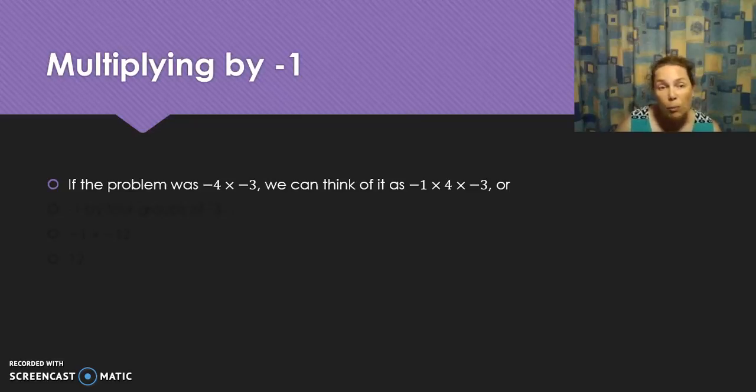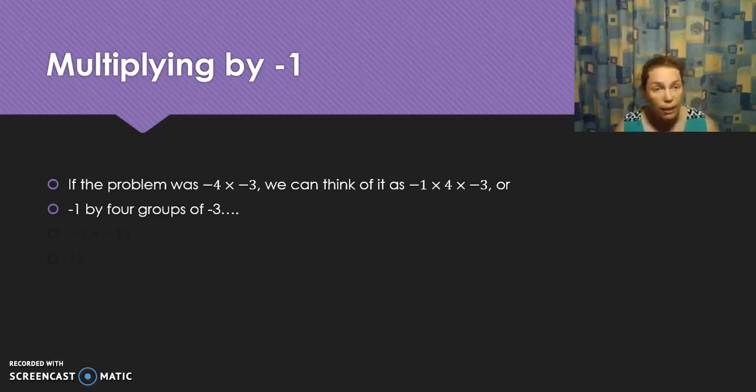So if the problem was negative 4 times negative 3, we can think of that as negative 1 times 4 times negative 3. So that's our negative 1 by our 4 groups of negative 3 again, which is negative 1 by negative 12, which is positive 12.